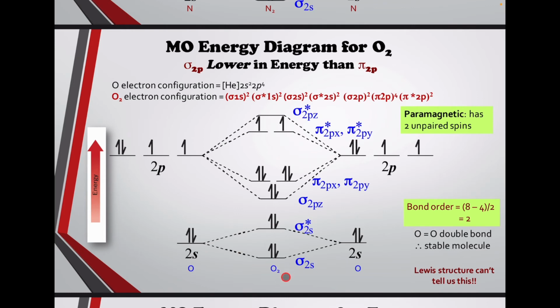So for O2, 2s2 and 2s2 are fully filled with the electrons. And for the 2p, 4 plus 4 electrons here equals 8. So you need to fill the 8 electrons in this molecular orbital of O2.